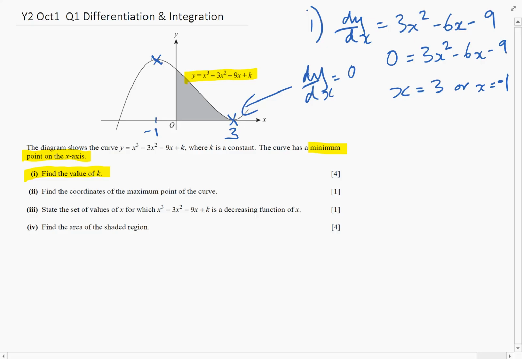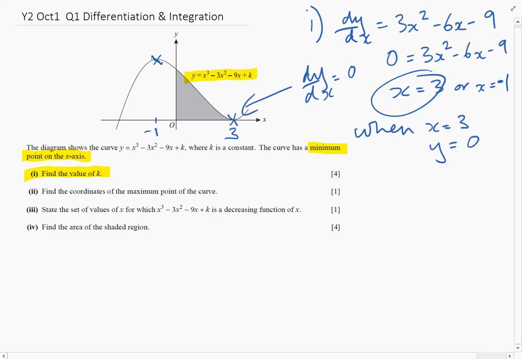So the answer to the first question, find the value of k, well, we've still not done that, but we do know that this point here is on the x-axis. In other words, when x equals 3, we know y will equal 0.